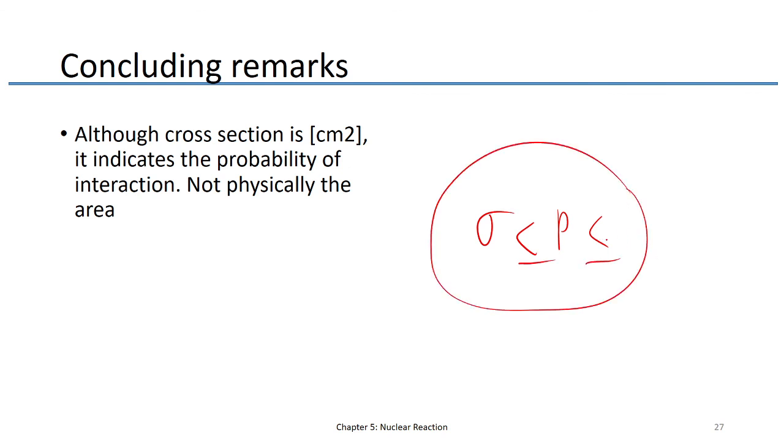That's according to the law of probability: bigger than 0 and less than 1. If you try to search by yourself, the cross section will always take a value less than 1.